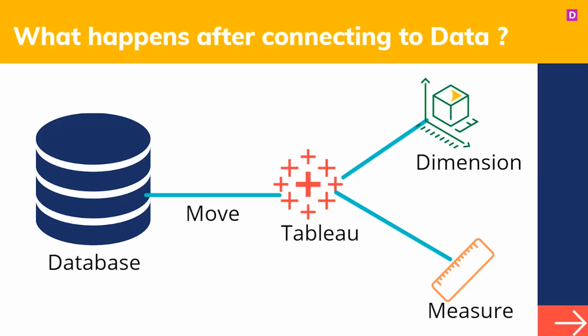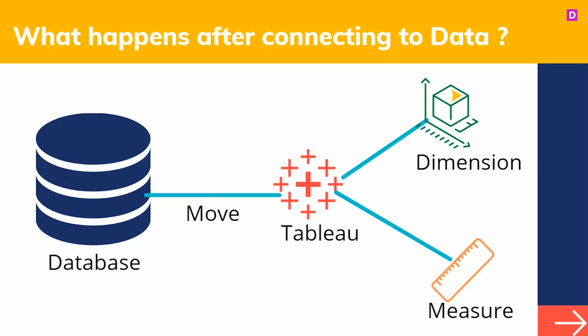As soon as the data has come inside Tableau, when we connect the data, automatically the software itself will do one thing. It will classify each field which is present in your database as a dimension or a measure. So Tableau is grouping the fields by dimension or measure.